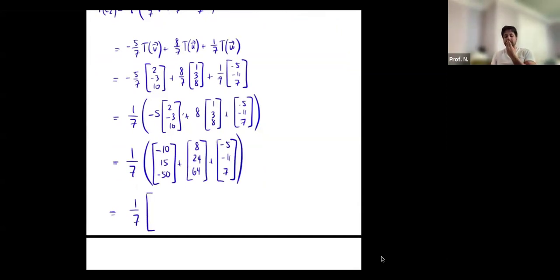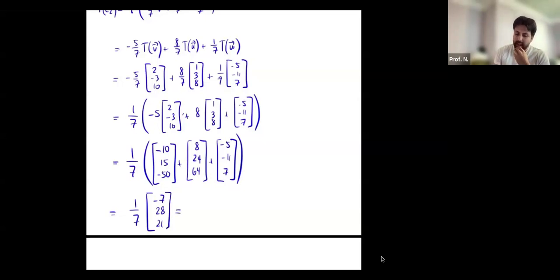What do we get on the top? Don't we get negative 10 plus 8 is negative 2? We get negative 7. What's the second component going to be? You get 39, you get 28, right? And then you get 14, 21.